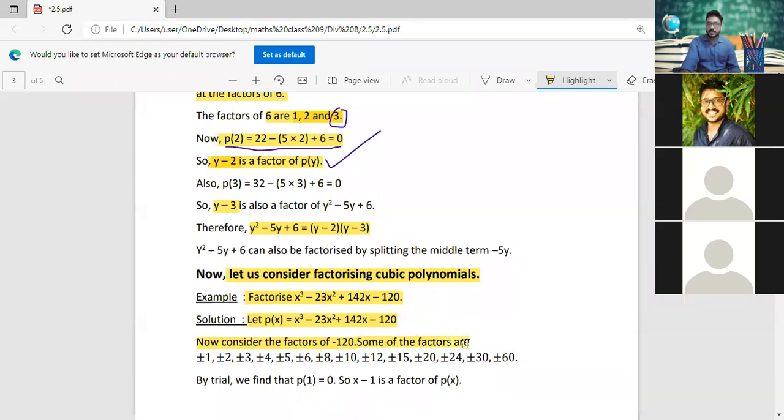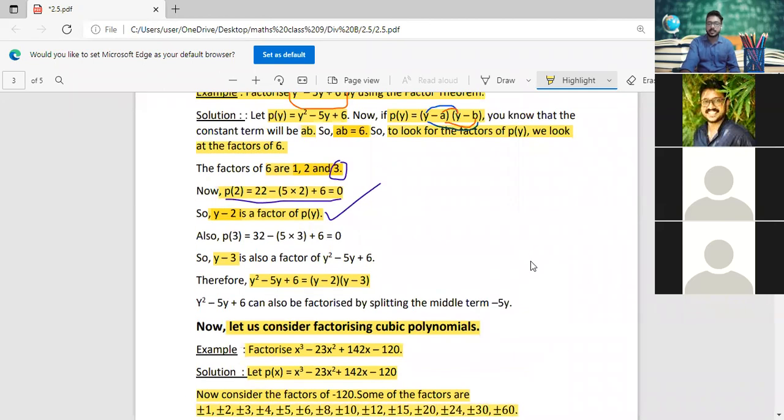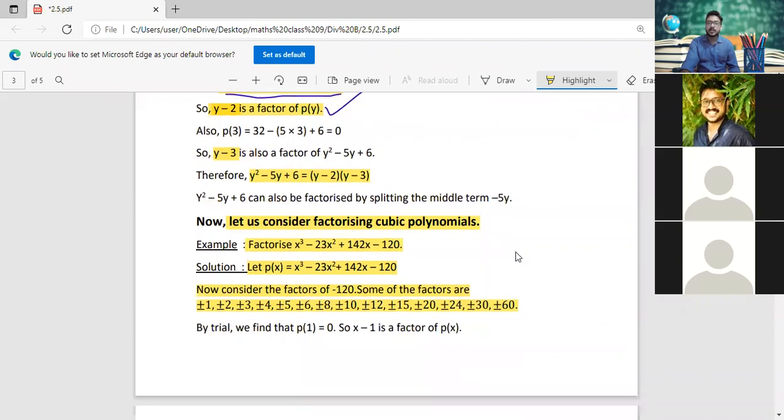Some of the factors are given to you: plus or minus 1, 2, 3, 4, 5, 6, 8, 10, 12, 15, 20, 24, 30, 60. There are so many factors for 120. I know it's a tedious, lengthy process, but for the time being, you have to do this.